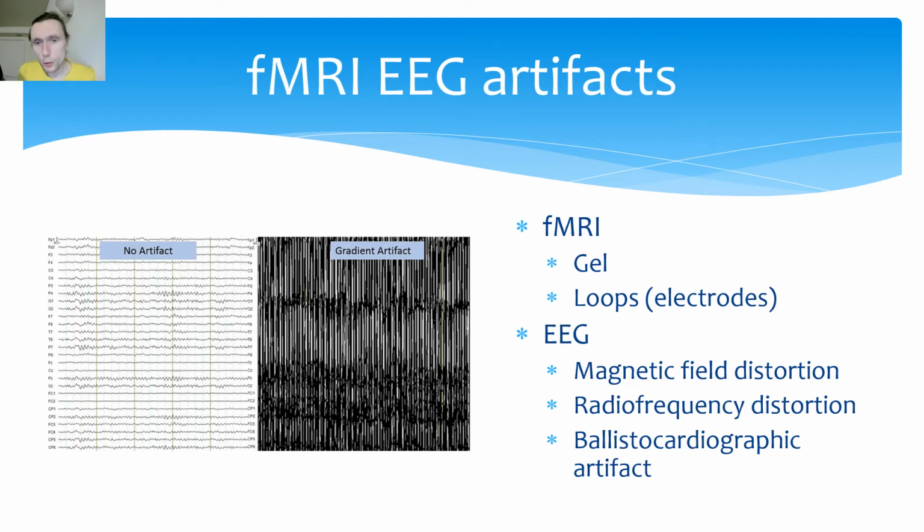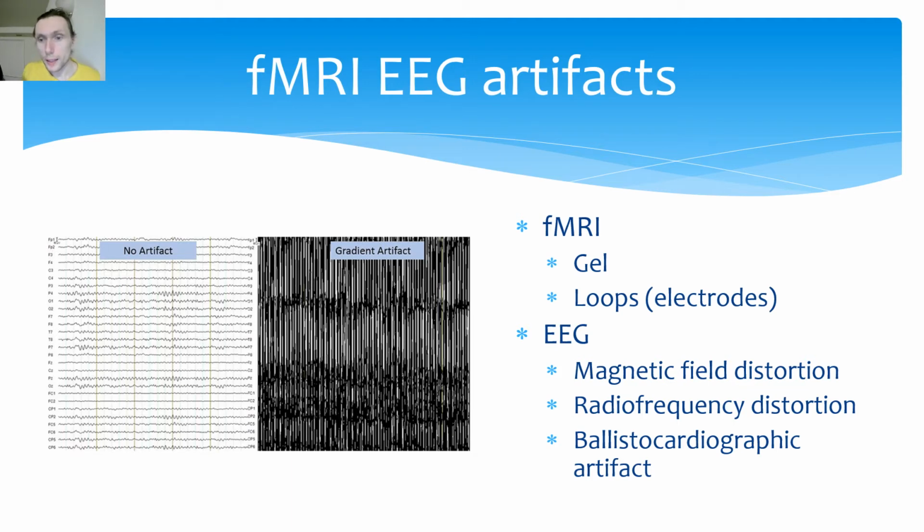Creating a loop means that an electric current goes through that loop, because you are in a big magnet, and via induction the magnetic field will cause an electrical field, which creates an electric current and causes a disruption of the signal.